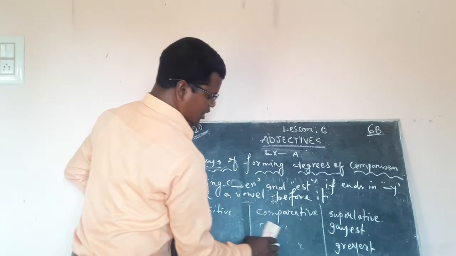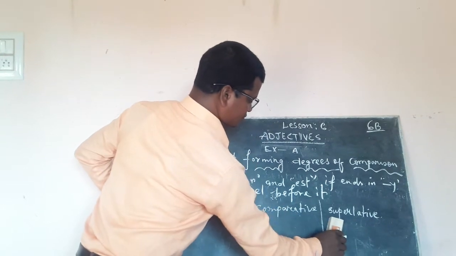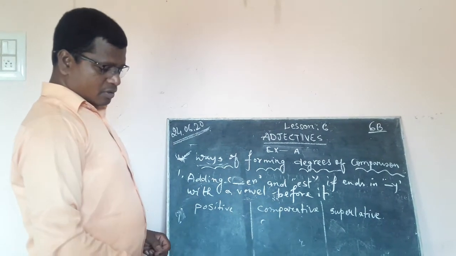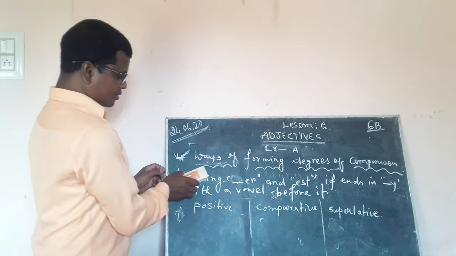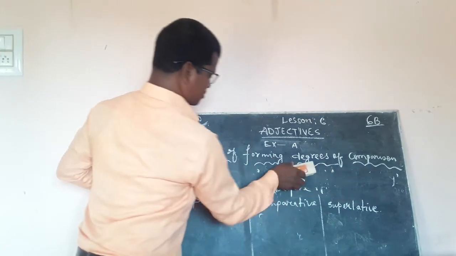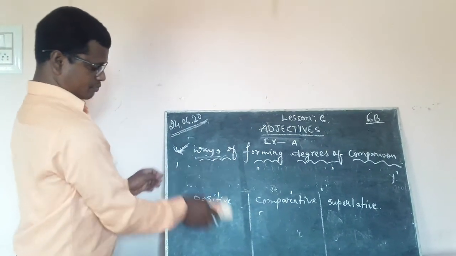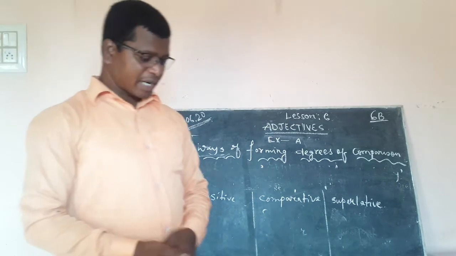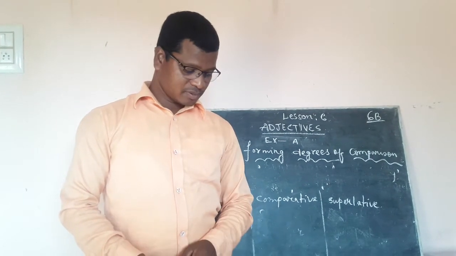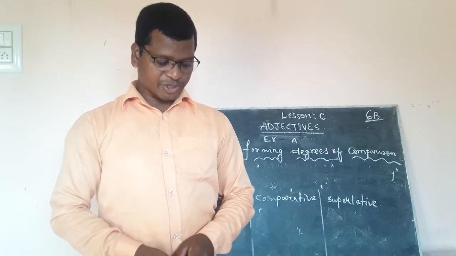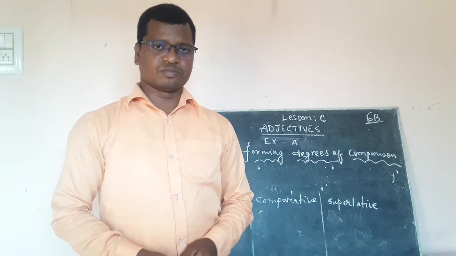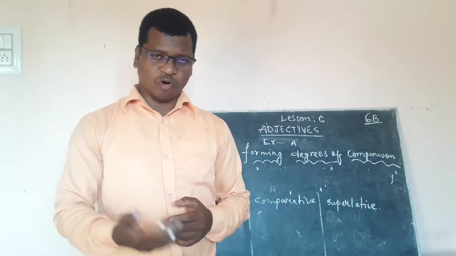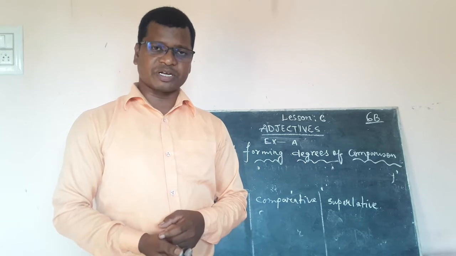Let's move on to the next one. The other rule is by placing more or less and most or least before the positive form. So how do we form the degrees of comparison?